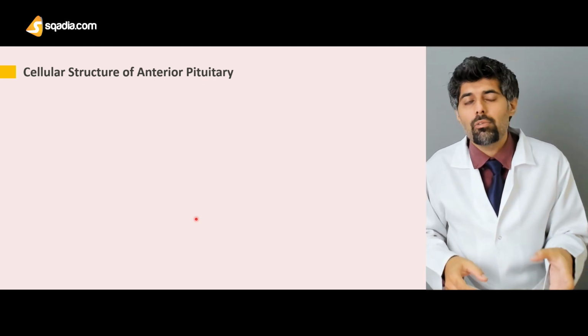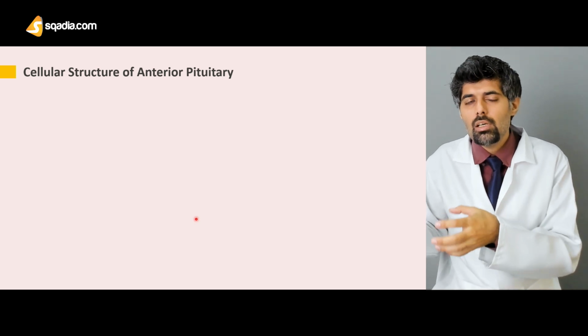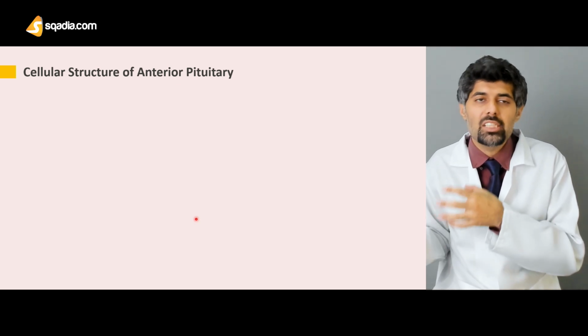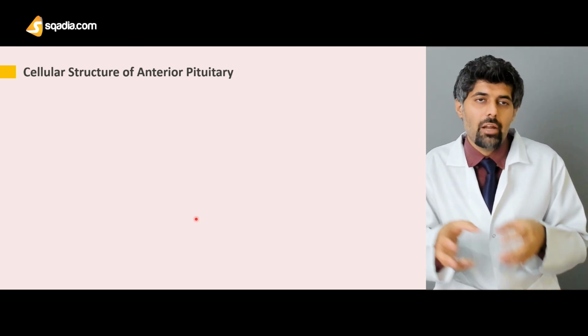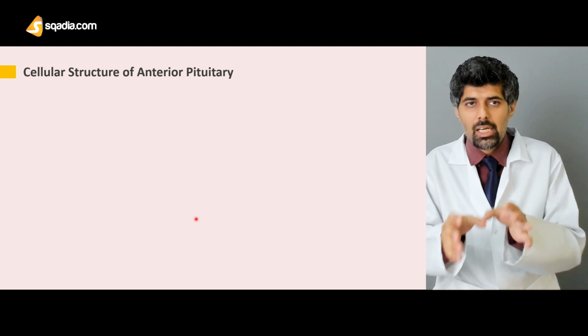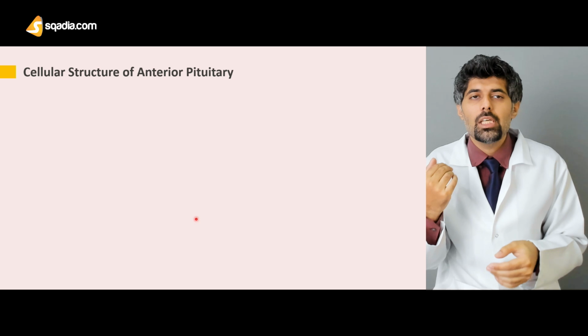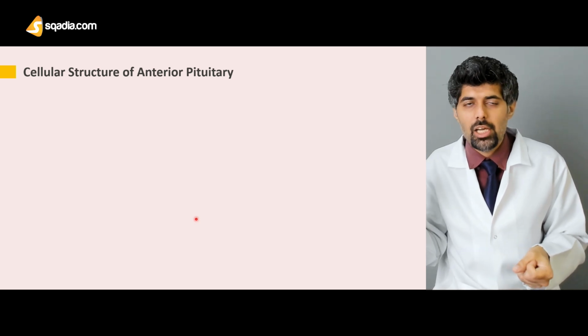Now, we also know that because they release and produce their own hormones, the anterior pituitary or the adenohypophysis is actually produced embryologically through what is known as the Rathke's pouch. And Rathke's pouch is basically a pouch which is formed by the invagination of the epithelium of the pharyngeal area.